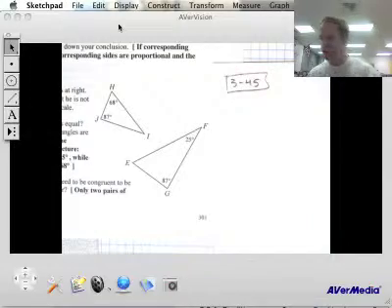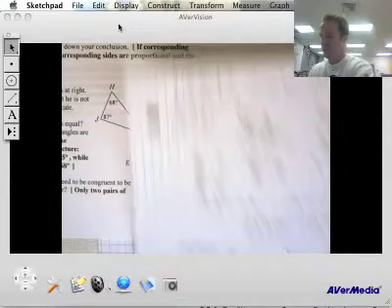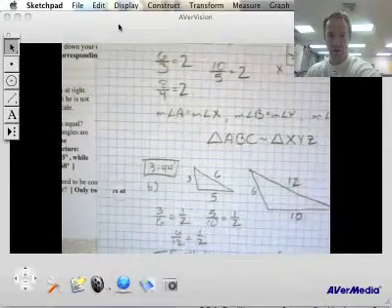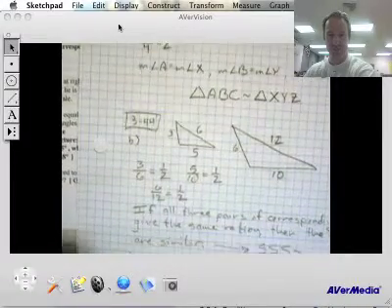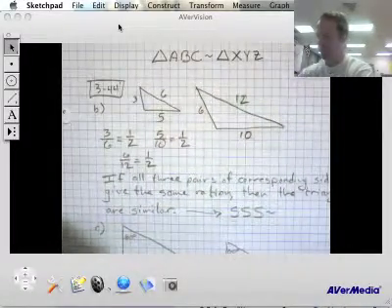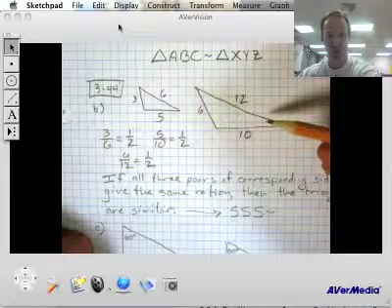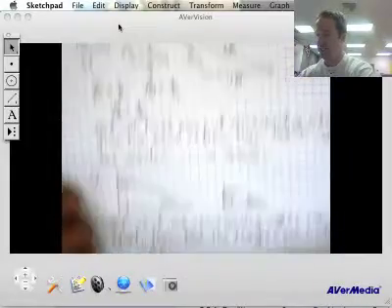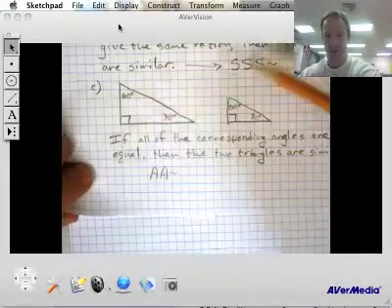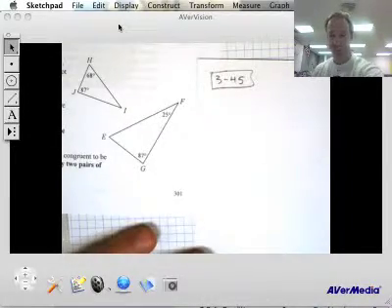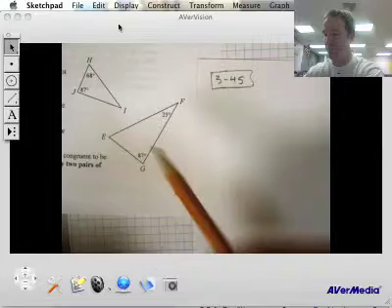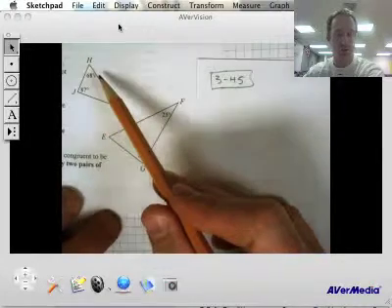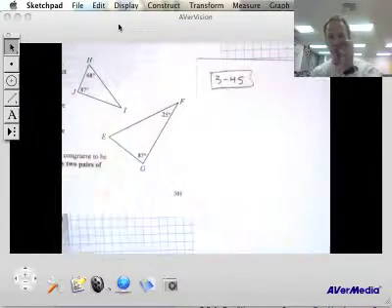So the question is, are we going to use the sides like we did in this problem? Side similarity. Are we going to use the sides to show they're similar? Or are we going to use the angles like we did here? Well, it depends on the information we're given. In this problem, we're only given information about the angles. So here we're going to use the angles.